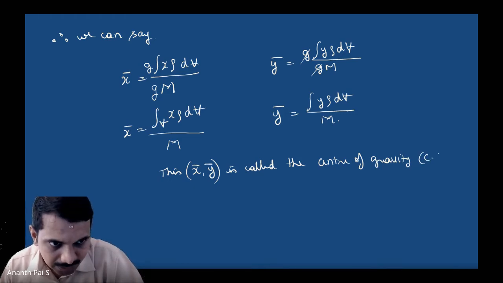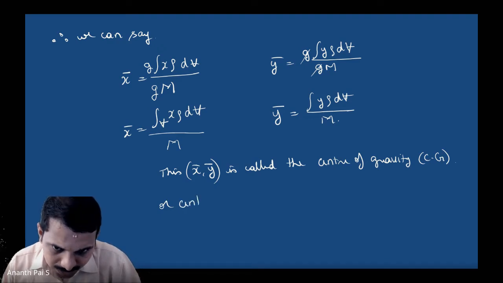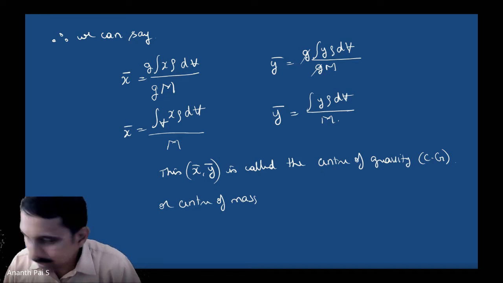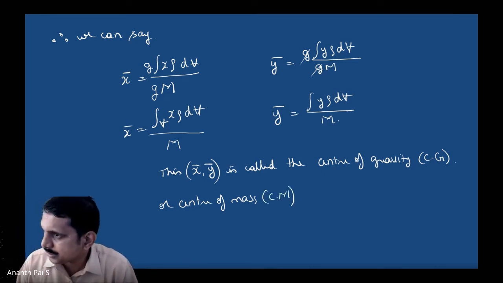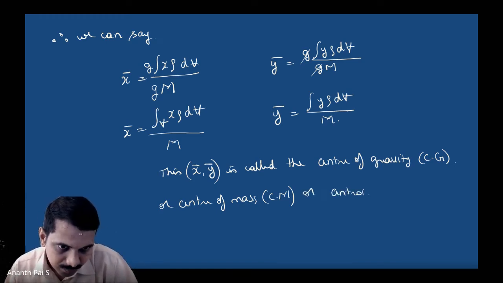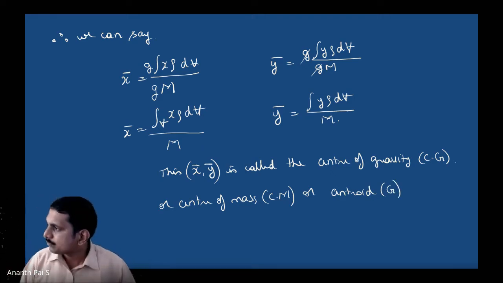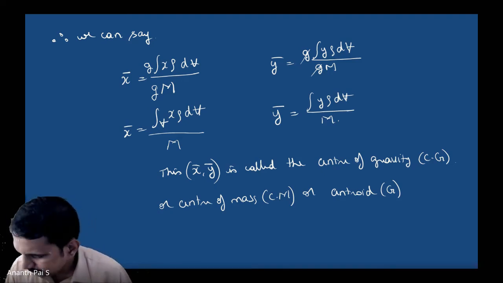Sometimes we call it CG, or center of mass, we call it CM. There are a lot of times they use center of mass, or centroid, which is denoted by G. All are the same: centroid, center of gravity, center of mass. All these are the same.